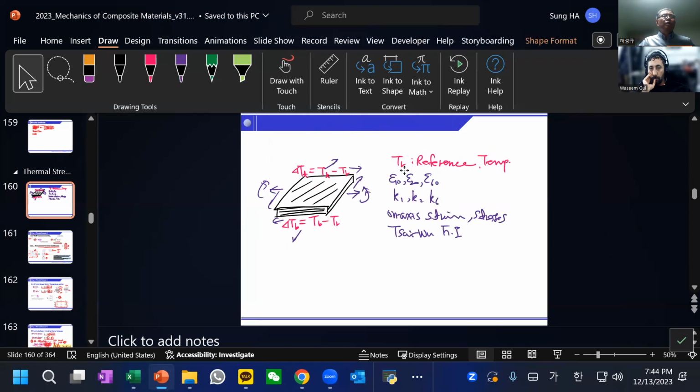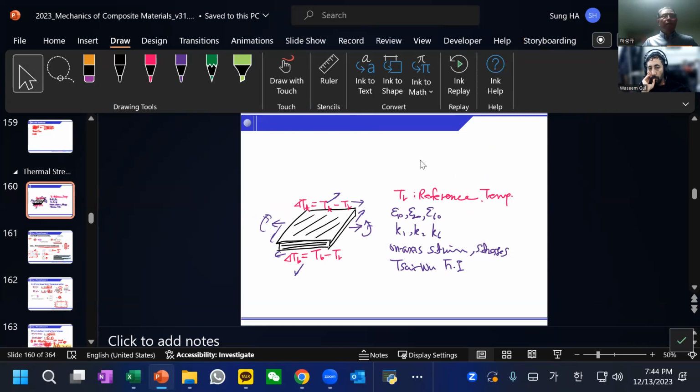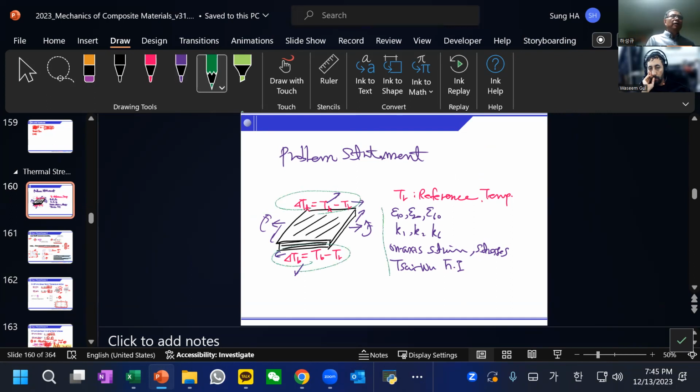Okay, so we will derive. This is again the problem statement. We are given this temperature, and then we would like to obtain all the strain and curvature and the on-axis strains and stresses of each ply, and also the Tsai-Wu failure index of each ply.